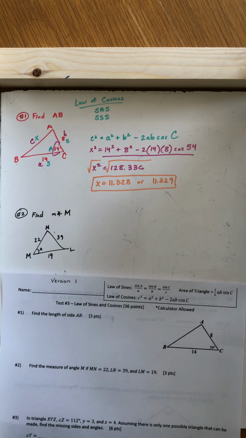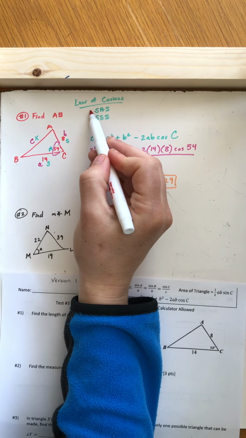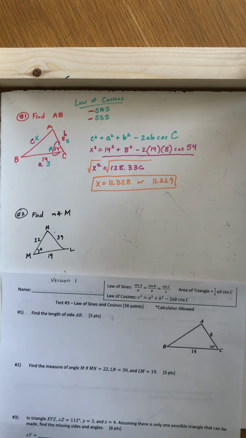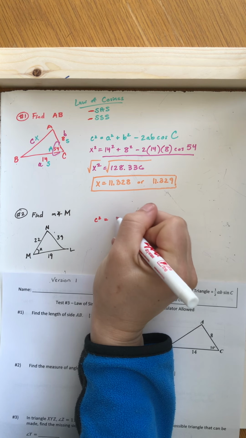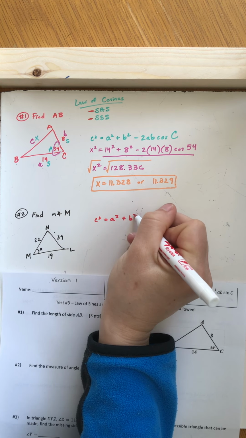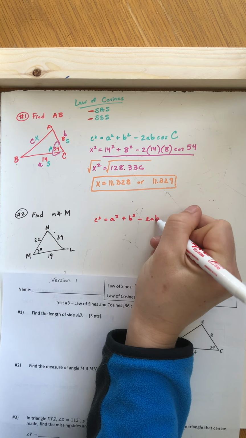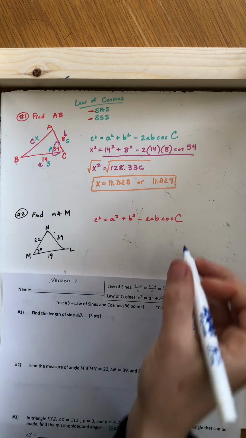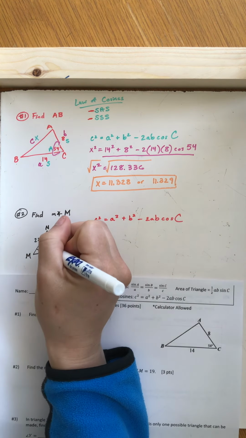Now, same as before, we use the law of cosines when you have side angle side and side side side. So since I'm given all 3 sides here, I want to use the law of cosines, which is c squared equals a squared plus b squared minus 2ab cosine of big C. So big C is the angle that I'm trying to find.